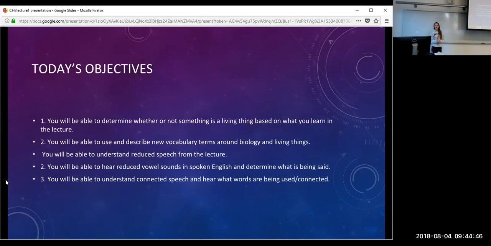You will be able to understand reduced speech from the lecture, which is often used in spoken English. You will be able to hear reduced vowel sounds in spoken English and determine what is being said. And you will be able to understand connected speech and hear what the words are being connected.